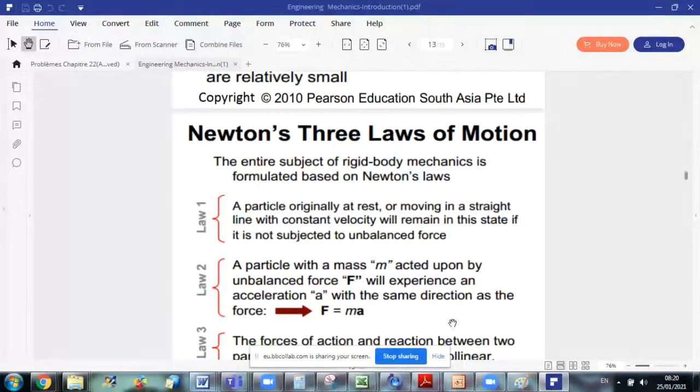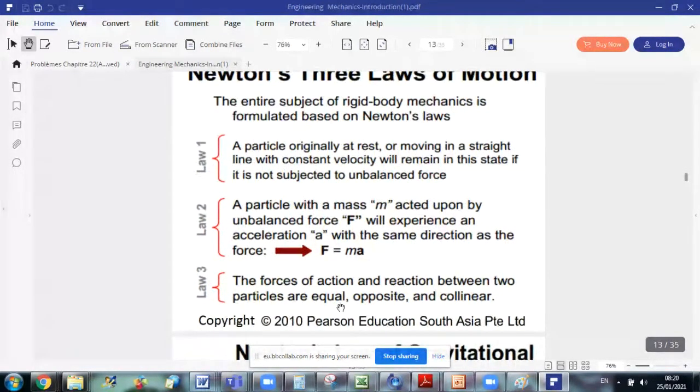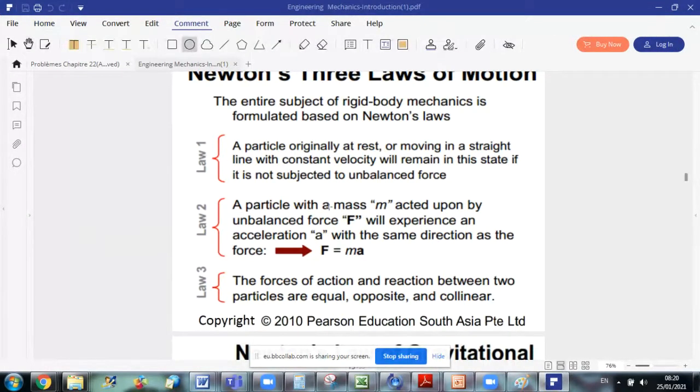And finally, the third law, which is very important, is used both in statics and dynamics, and it states that the forces of action and reaction between two particles are equal, opposite, and collinear. So what we mean by this: if you have any two bodies of any size, irrespective of the size, the force of one body on the other.